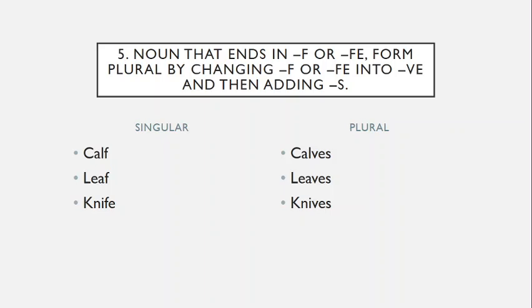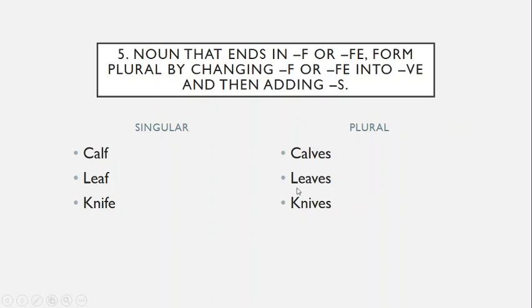We will change this f or fe into ve, and then you will add the s to the word and it will become plural. Okay, the noun is ending in f or fe. Now what you have to do?